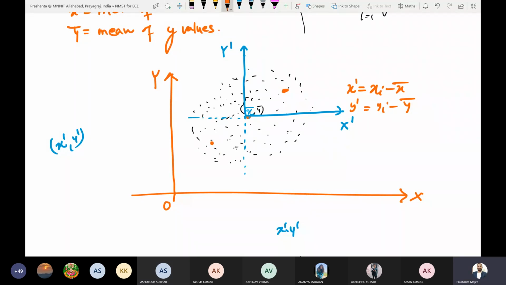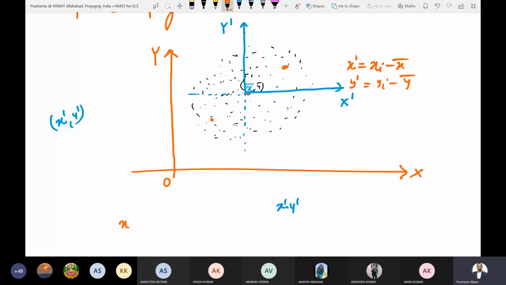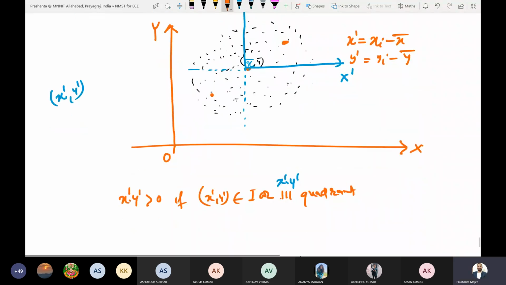So this product x dash, y dash is greater than 0 if the point belongs to first quadrant or third quadrant with respect to new coordinate axis, and it will be less than 0 if x dash, y dash belongs to second or fourth quadrant.